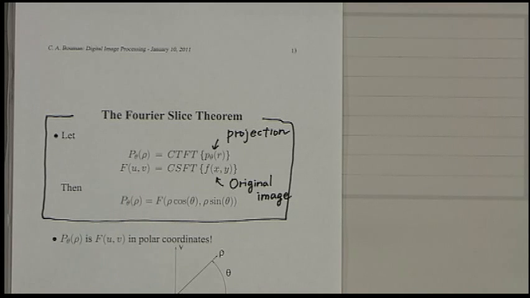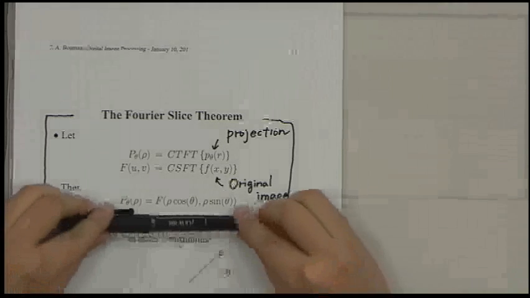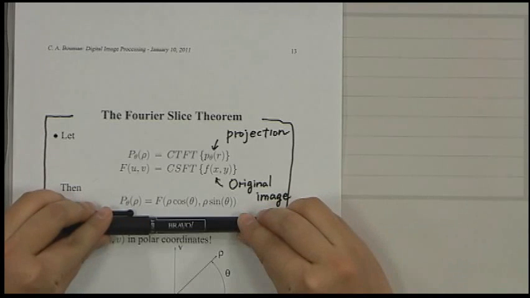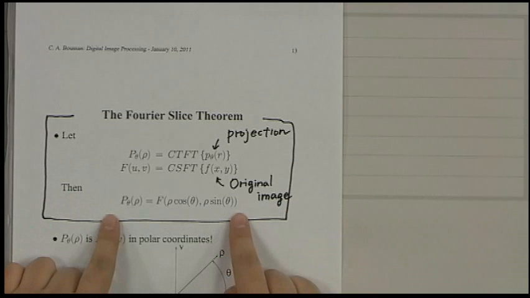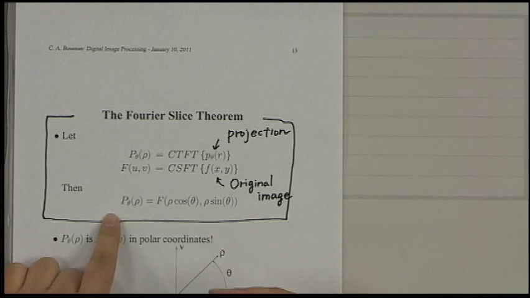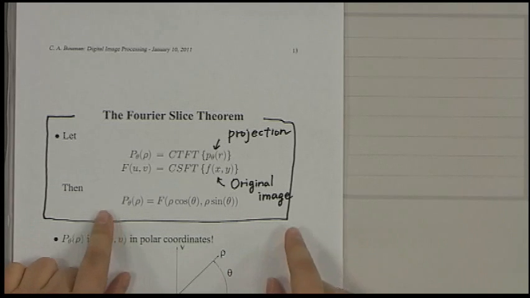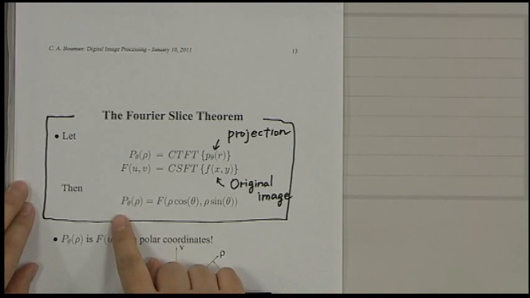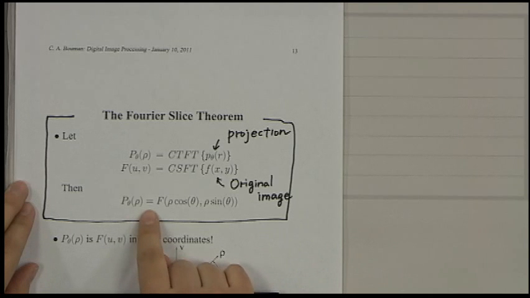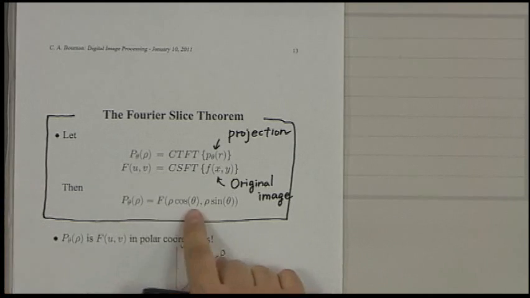And then the Fourier slice theorem tells us that this relationship is satisfied. This is a very simple equation, but it means a lot, and it's very confusing. I will explain it using a diagram soon. The Fourier slice theorem tells us that capital P(theta, rho) equals F(u,v) in polar coordinates.